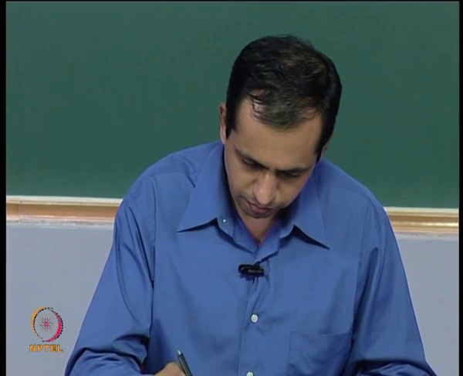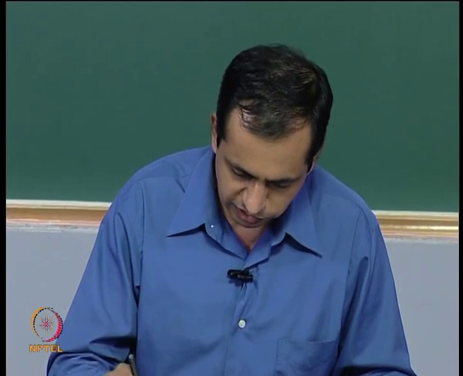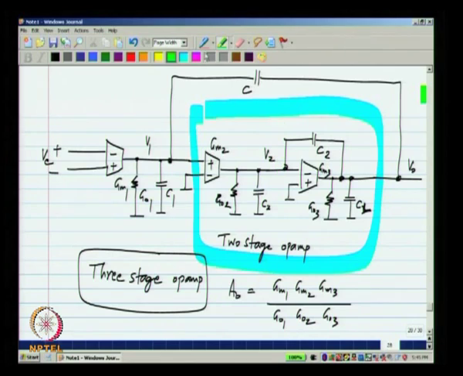So, that is how you design multiple stage op amps. By the way, this kind of a two stage op amp which has the C2, and we earlier described C2 as being Miller multiplied and loading the first stage, is known as a Miller compensated op amp.